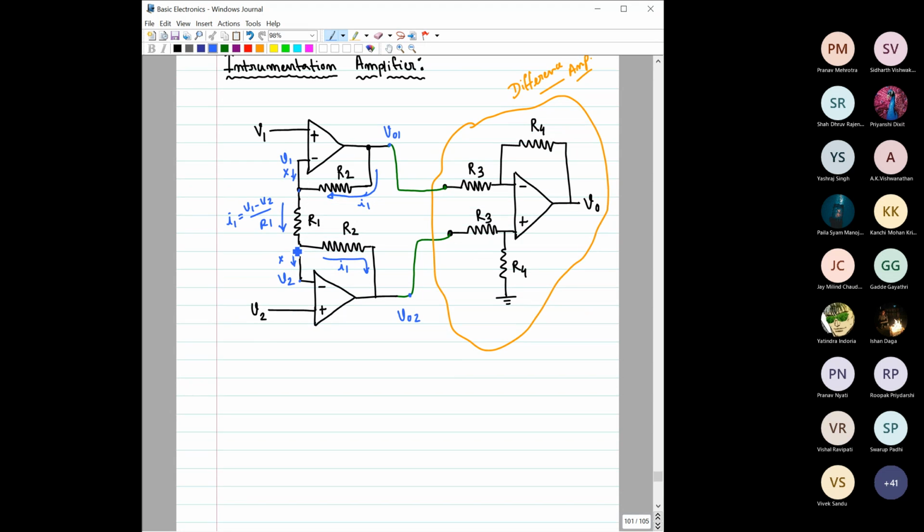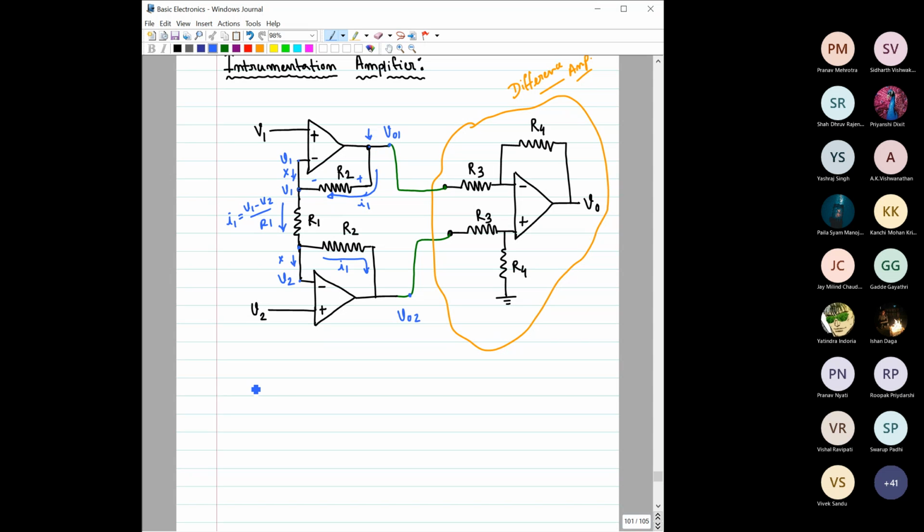So we have seen what is the current flowing through this, right? Now we know the potential of this point is V1. If this is V1, then this is also V1, right? And this I1 current is flowing through this, so I1 current will make a drop. We know the drop, so we can find the potential of this point.